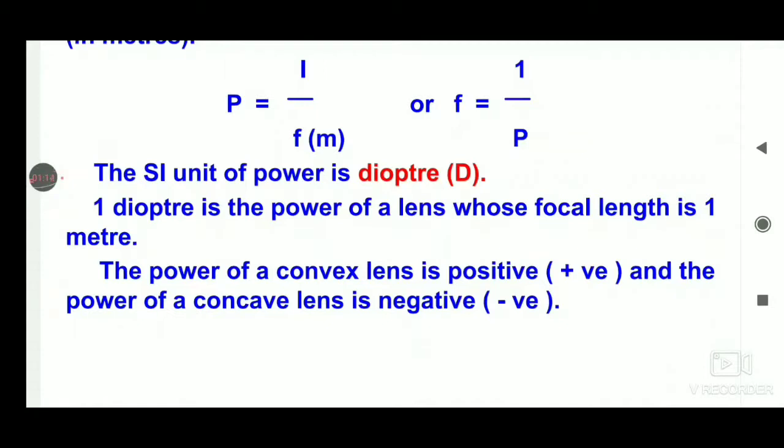Thus, 1 diopter is the power of a lens whose focal length is 1 meter, and the power of a convex lens is positive and that of a concave lens is negative, because it is related to the focal length of the lenses, and the opticians prescribe corrective lenses indicating their powers.